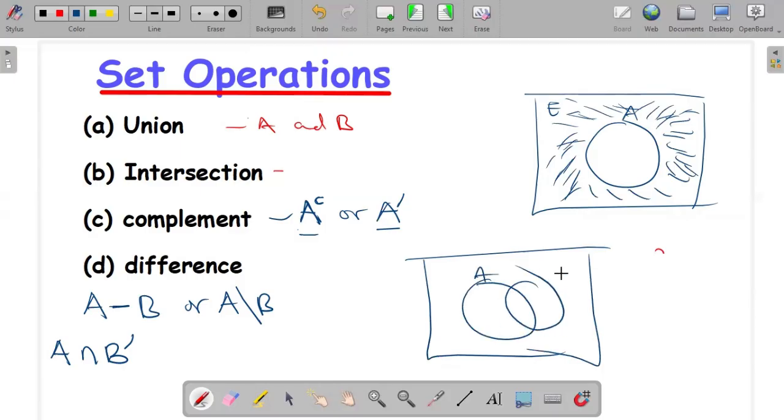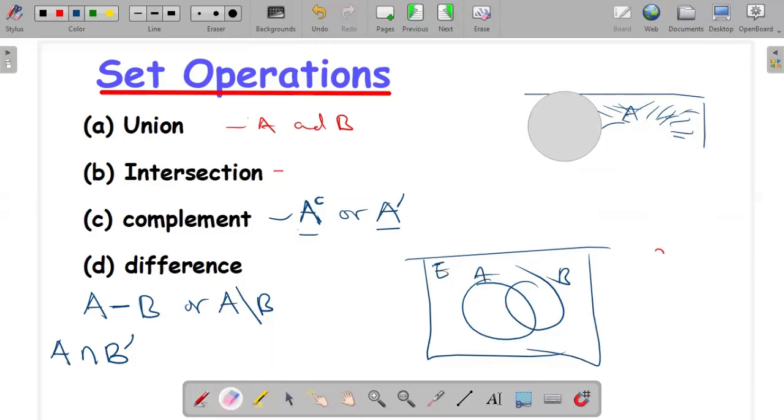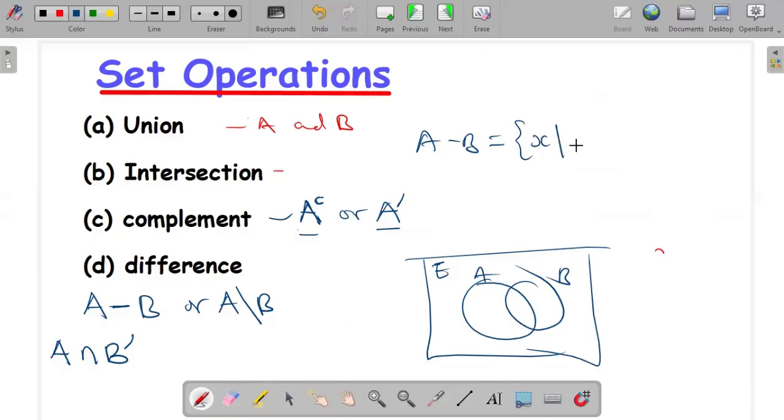Okay, we have set A and set B and the universal set there. Then I erase this part. Let me write it first in set builder notation. So the set difference of A and B is the set of x such that x is a member of A and x is not a member of B. So x is in A, but x is not in B. And when we shade that, it's going to be just this part here.